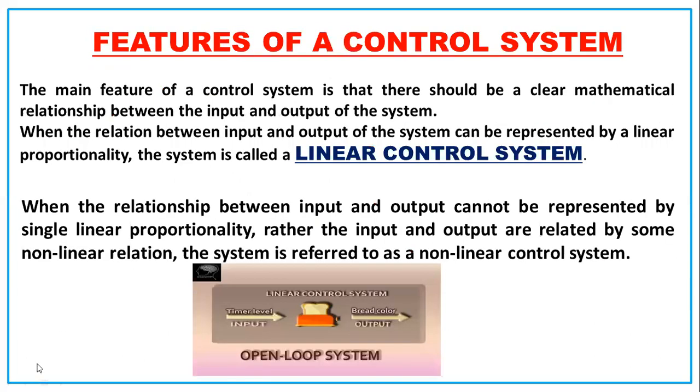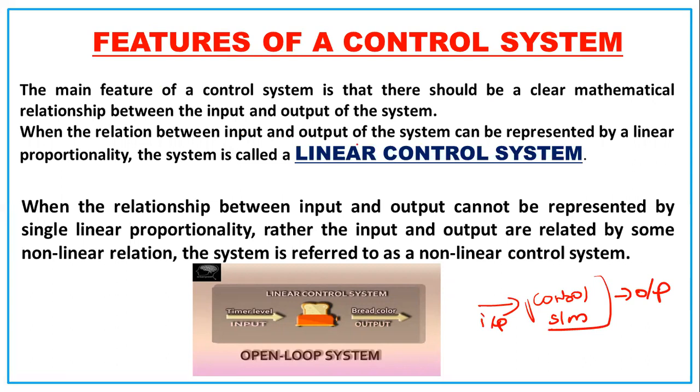Okay, so what are the features of a control system? The main feature of a control system is that there should be a clear mathematical relation. That's what I told you. This is the input, this is the control system and this is the output, right? So there should be a mathematical relationship between input and output.